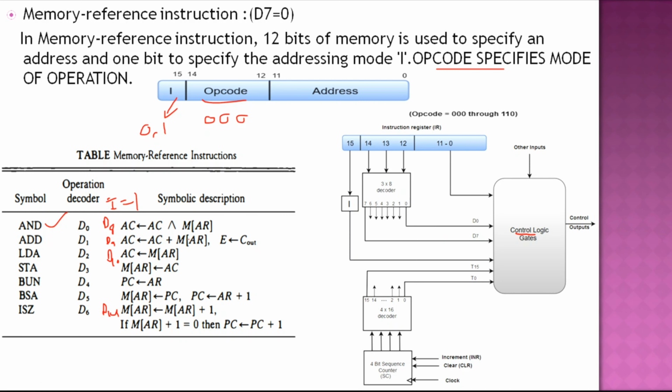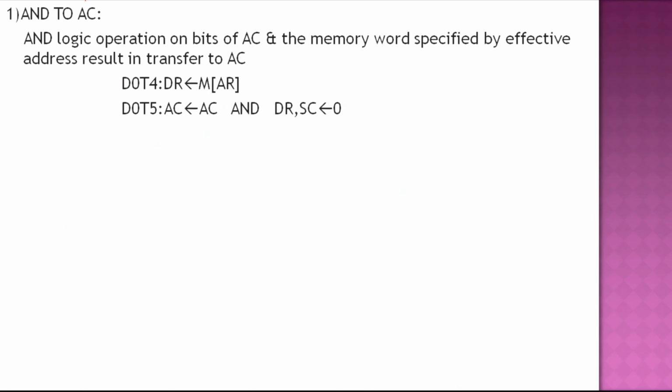Now let us explain them in detail. Coming to AND to AC. The AND logic operation on bits of AC and the memory word specified by the effective address results in the transfer to the AC. So here the AND operation is performed between the accumulator and the data register.